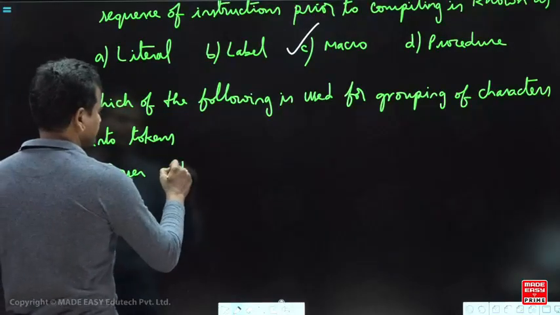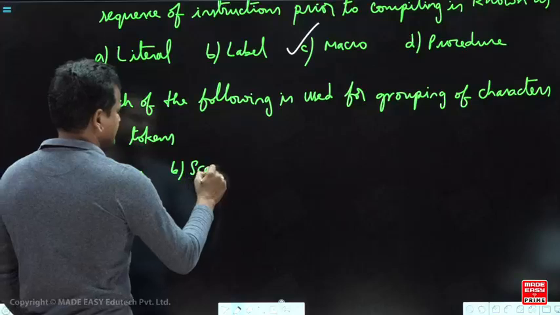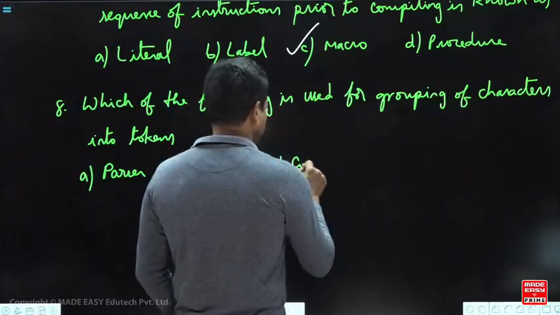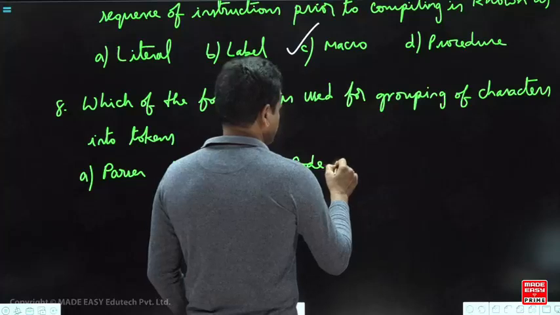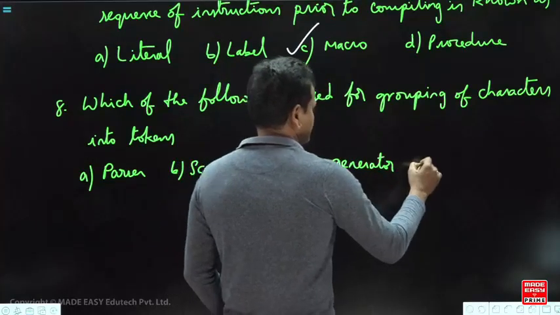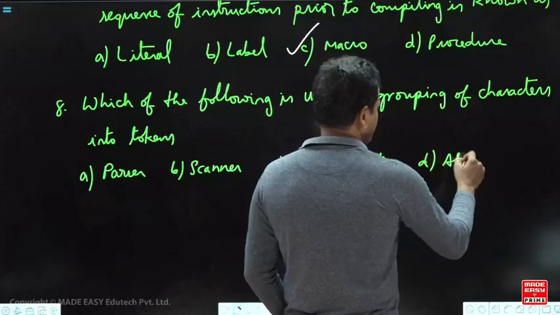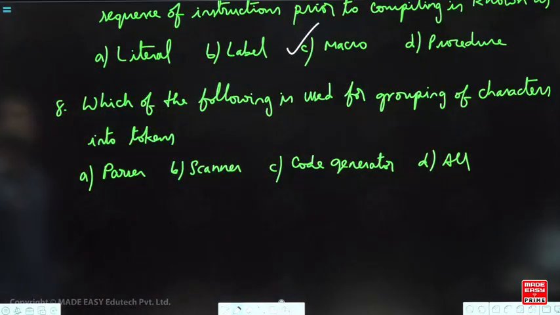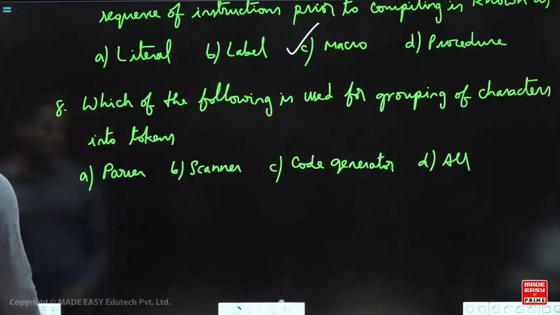A. Parser, B. Scanner, C. Code generator, D. All. Which of the following is used for grouping of characters into tokens?